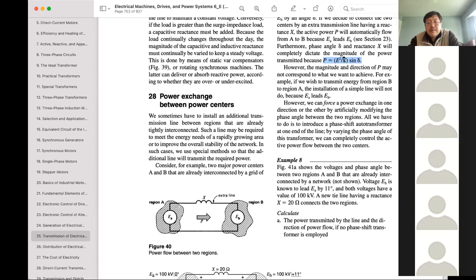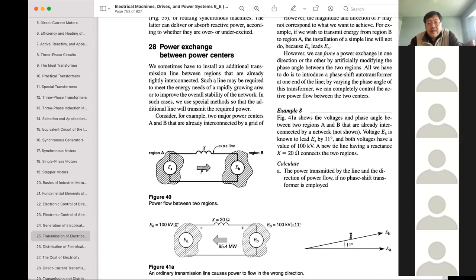That's the equation: voltage squared divided by X, where X is the inductance, multiplied by cosine delta. What is delta? Delta is the phase angle between the two regions. The two regions are all 60 Hertz, St. Louis and Kansas City, but the phase angle might be different.